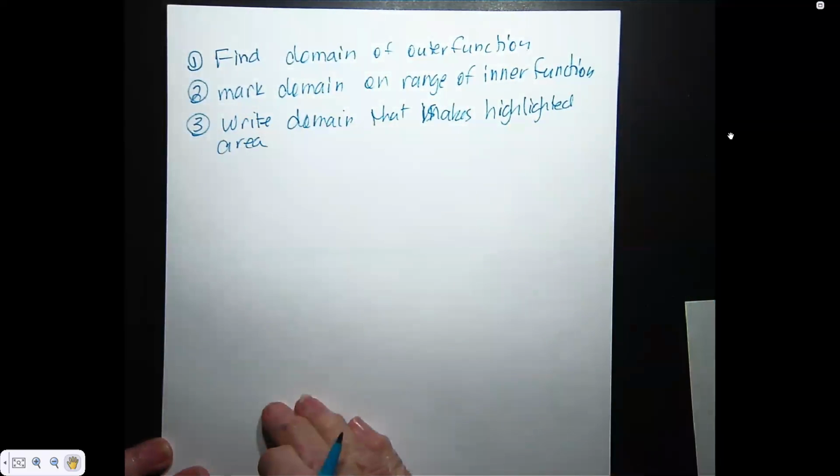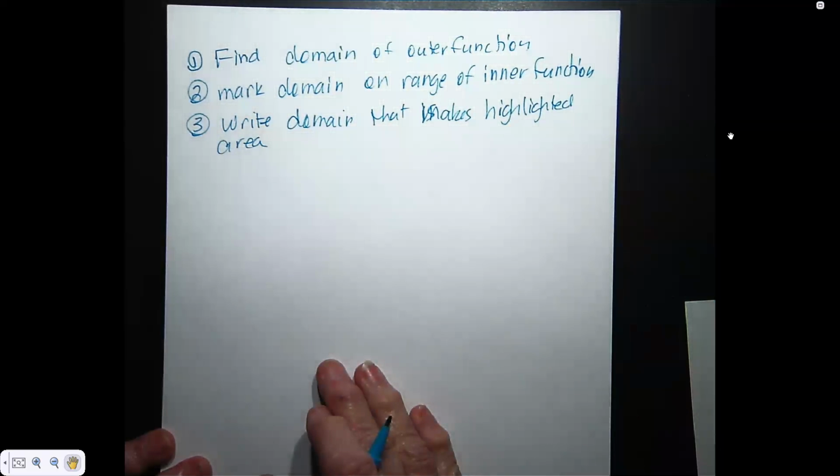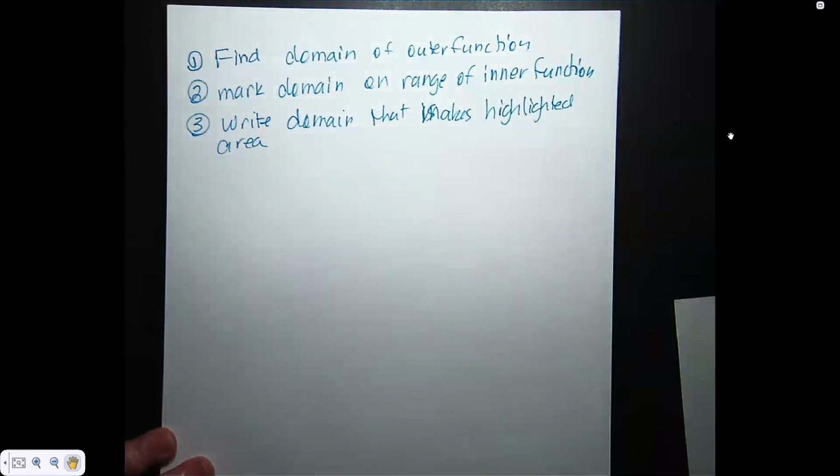So find the domain of the outer function, mark that domain on the range of the inner function, and then find the domain that makes the highlighted part possible whenever you are writing that equation down.